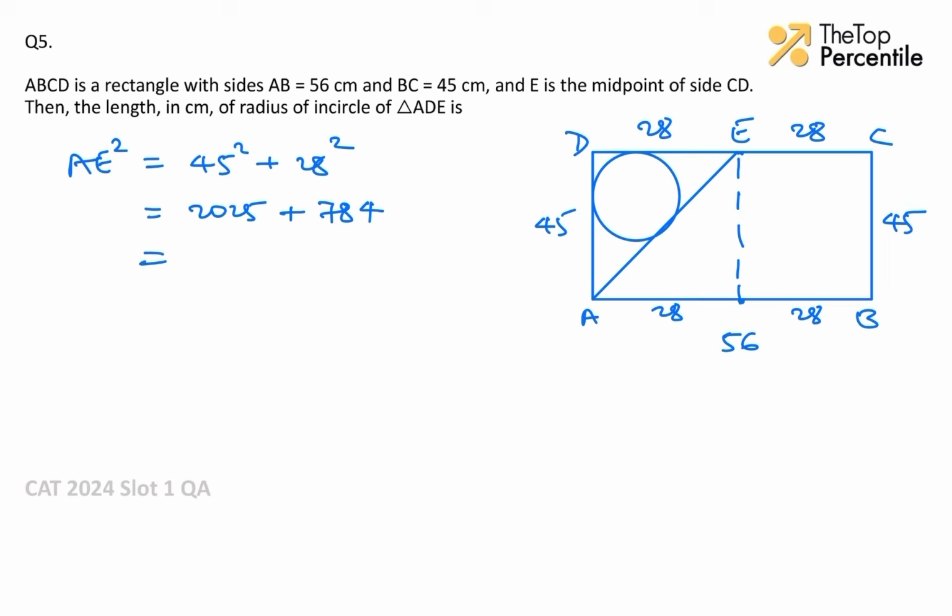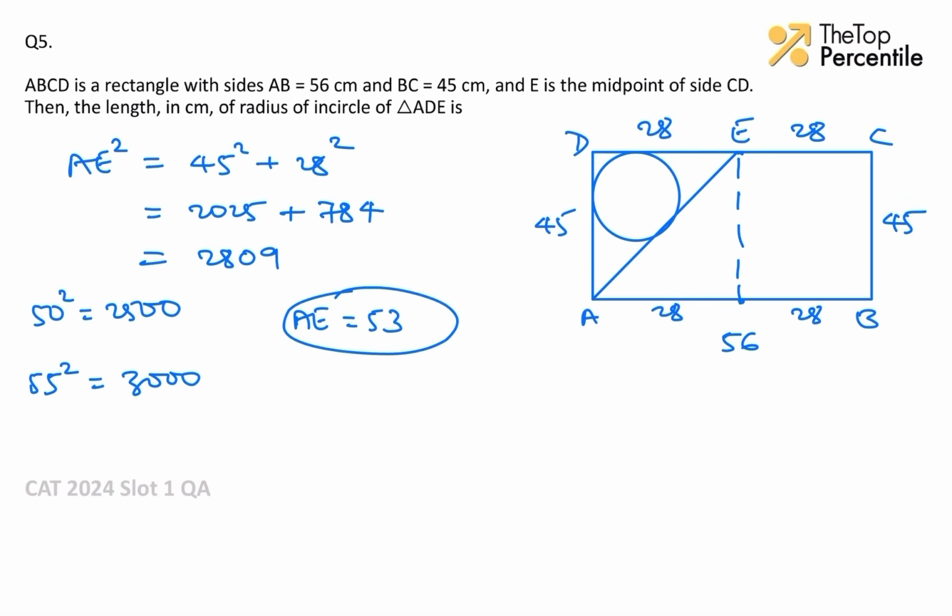So 16 will go here, this will be 800, 9 will be left, so this will be 2809. I know that 50 square is 2500 and 55 square is 3025, so 2809 will obviously be 53 square. So AE will be 53.